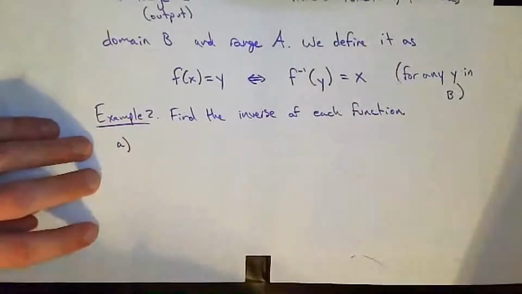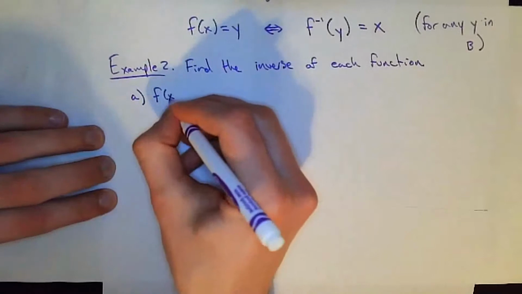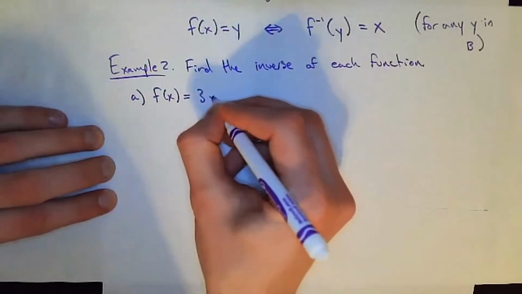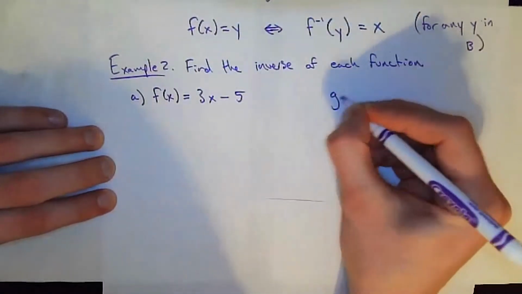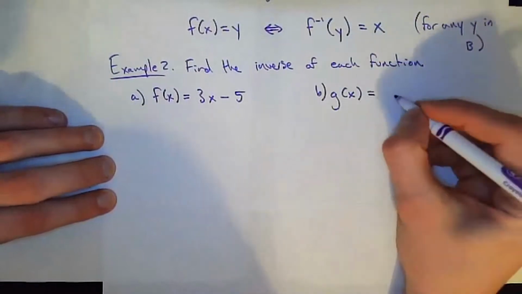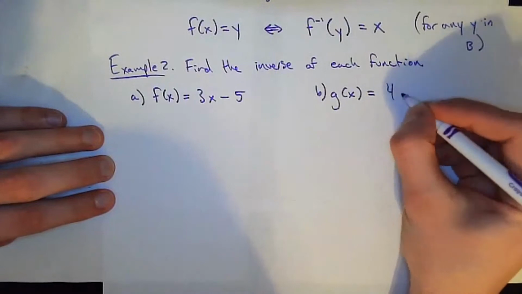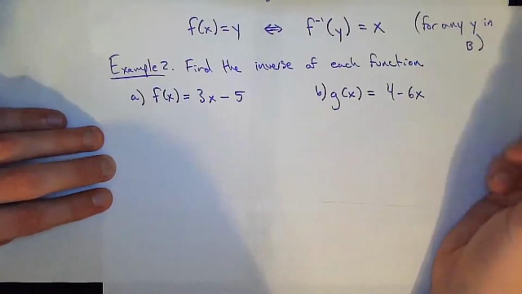Find the inverse of each function. So I'm going to say part A is f of x equals 3x minus 5, and g of x, we'll do two linear ones. Part B, g of x is equal to, I don't know, 4 minus 6x. So that's fine.